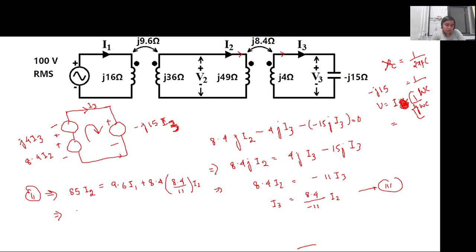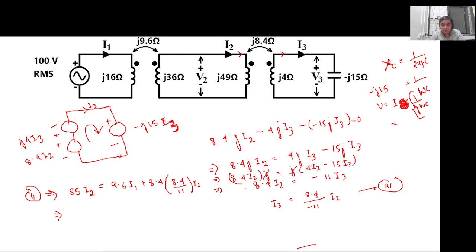Can we neglect j terms? Whether it will be correct, ma'am, or we have to use it? This j will get cancelled on both the sides, right? If we take j common here, 8.4 I2 j equal to 4 I3 minus 15 I3. We are not neglecting, we are just cancelling it off.